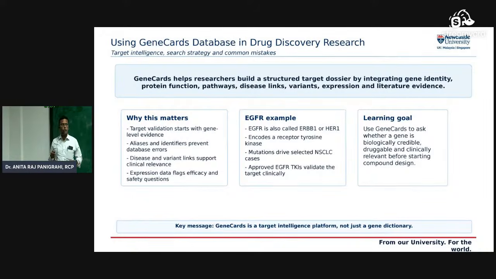That means we also need to know where the particular gene is expressed, in which organ. Suppose you are working on beta adrenergic receptors, which work on the cardiovascular system and also on the respiratory system.